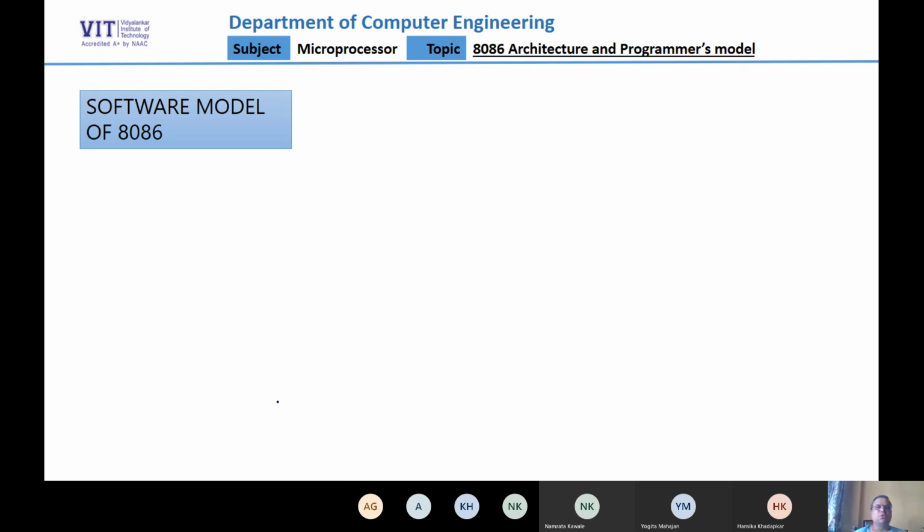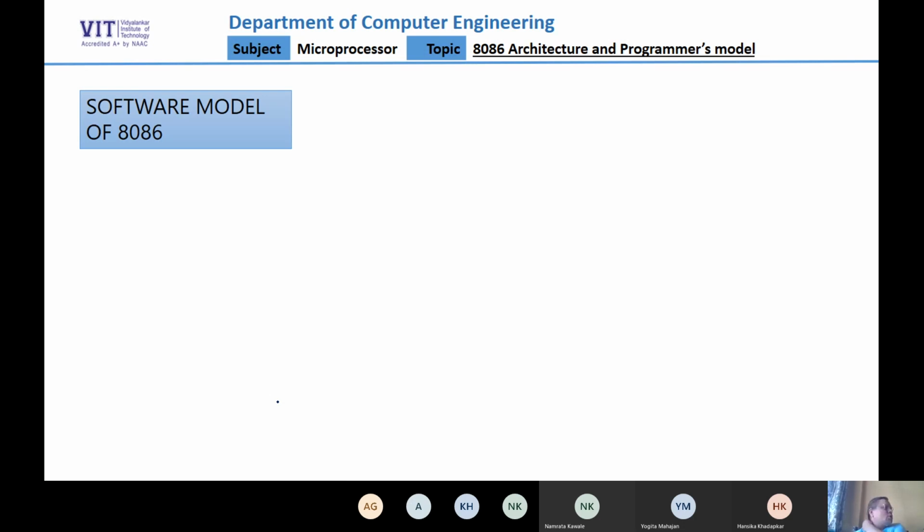Every instruction requires two things, operation and operand. So operation can be move and operands can be AX comma BX. So what is this AX comma BX? AX is an internal register, BX is an internal register, and they are acting as source and destination operand for my instruction. So the software model of 8086 processor is nothing but the set of internal registers which can be used in the instructions by the programmer. I hope you have understood the definition of software model.